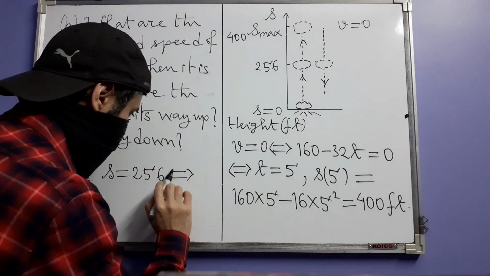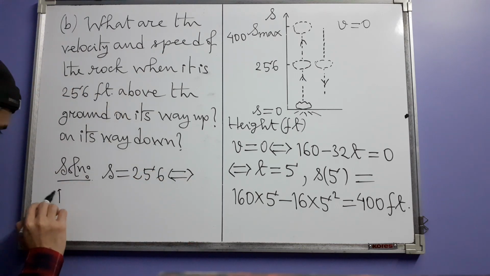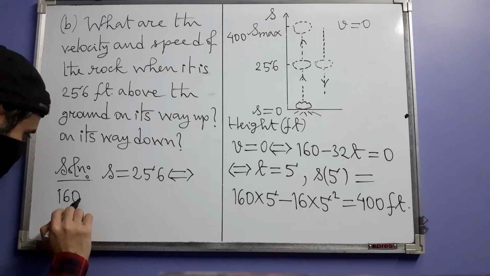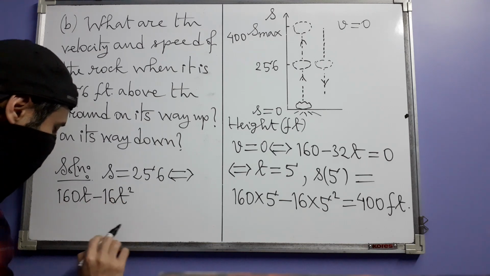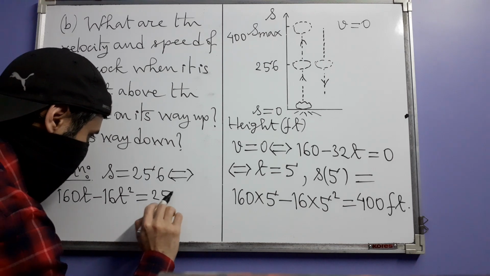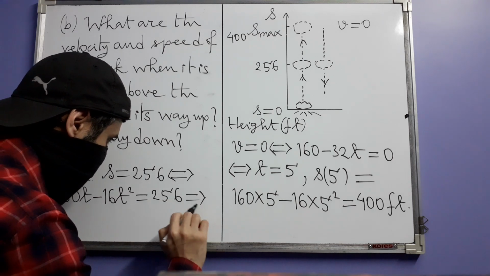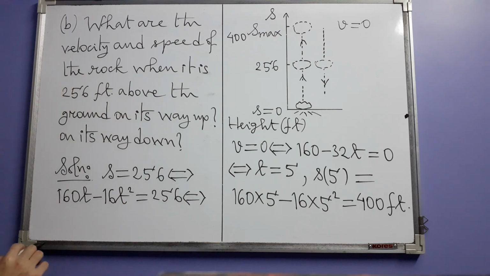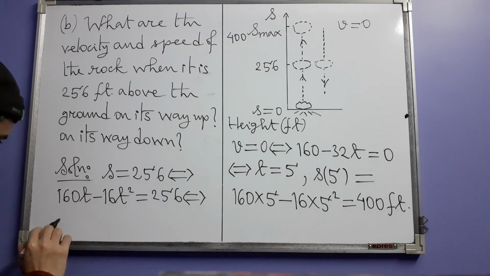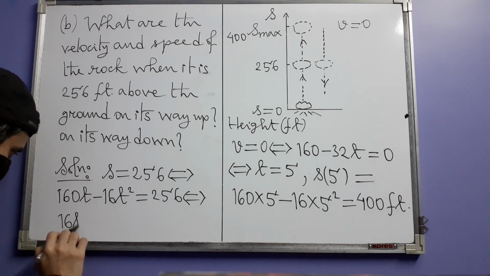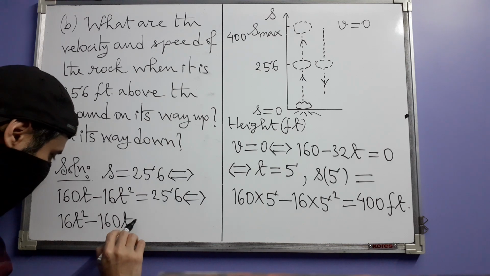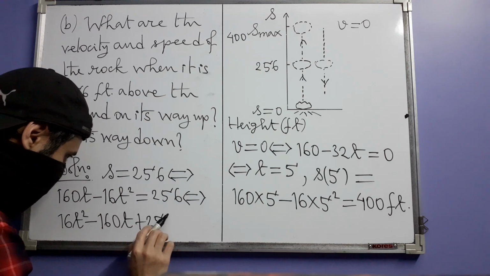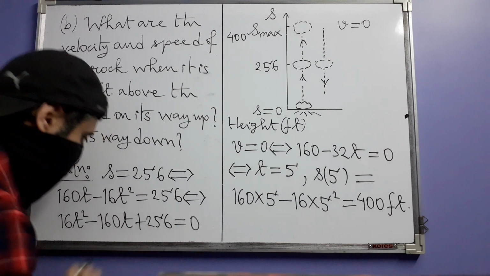So if we now use the formula for S, we get 160t minus 16t square is 256, which is equivalent to the equation 16t square minus 160t plus 256 equal to 0.